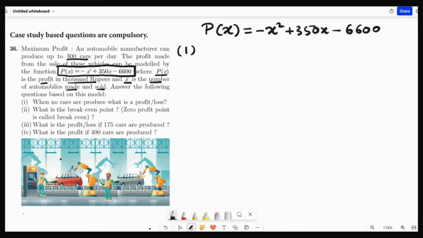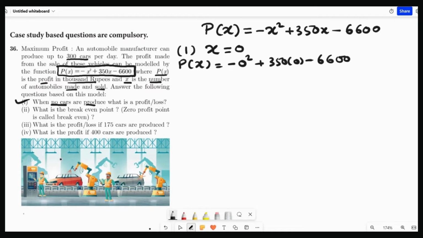The first question says, when no cars are produced, what is the profit or loss? No cars produced means what? x, that represents the number of cars made or sold, is 0. So when x is 0, P(0) is -0² + 350 times 0 - 6600. Here the first two terms are 0.